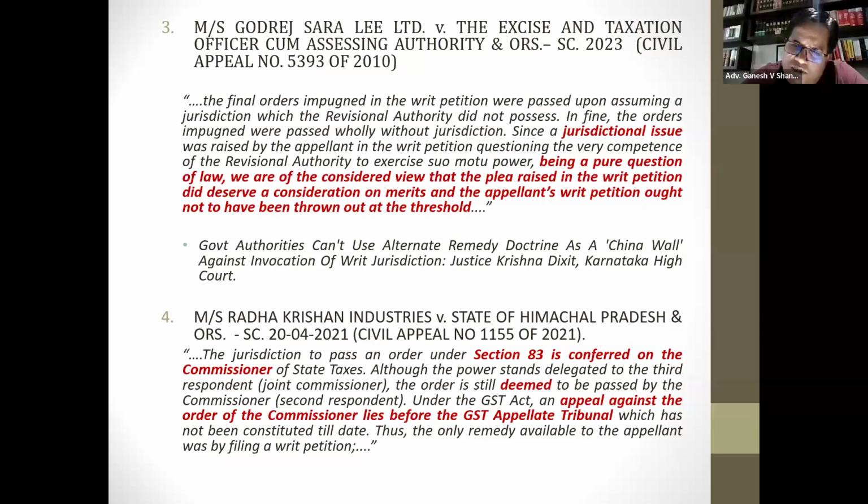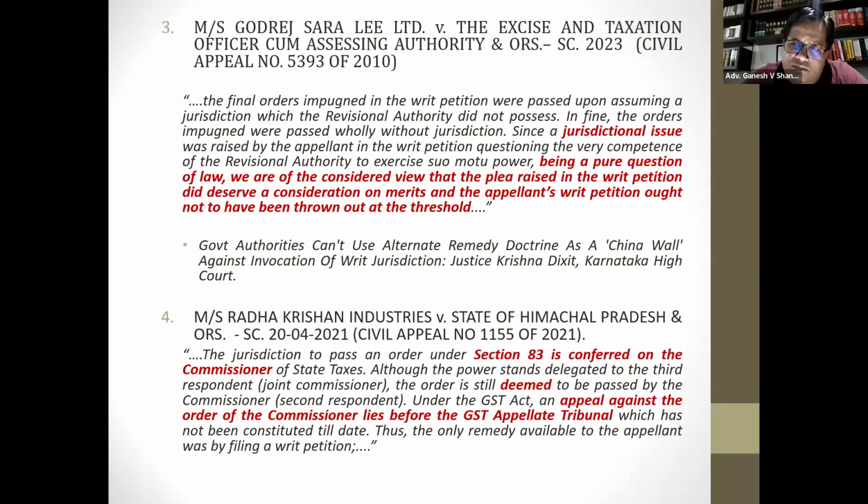The only remedy available is to approach the GST tribunal under 112, not under 107. So this was a very fine observation which was done by Supreme Court, which is very relevant.